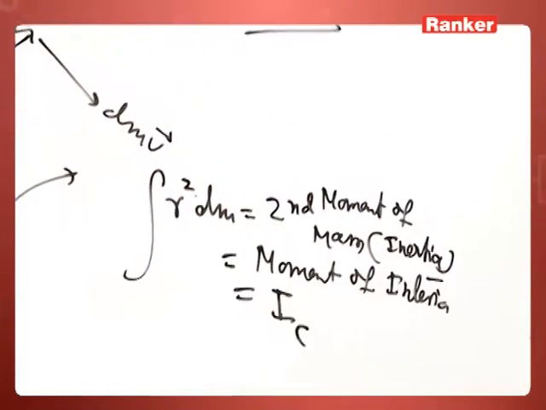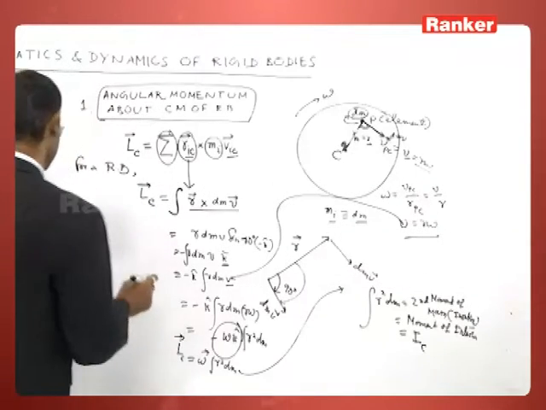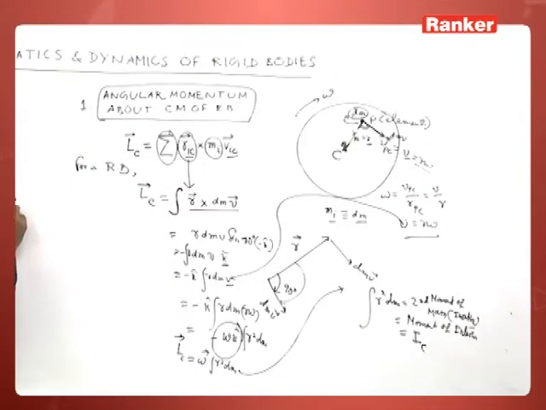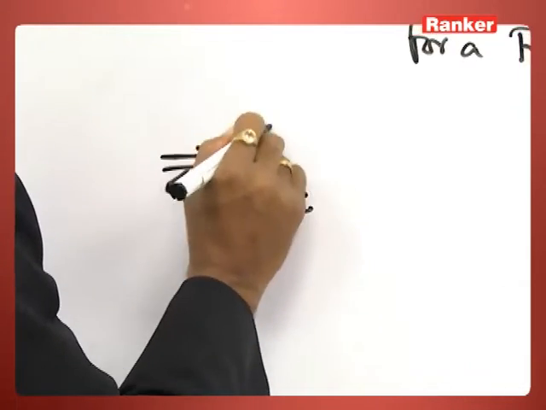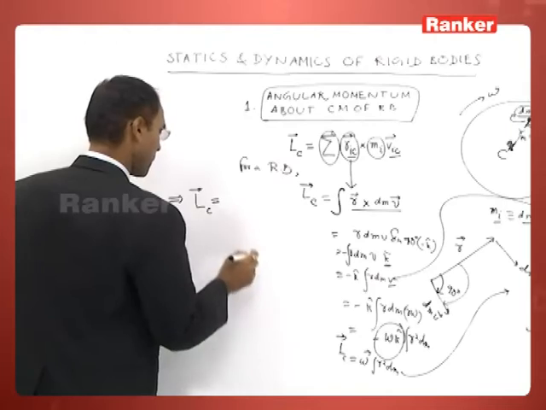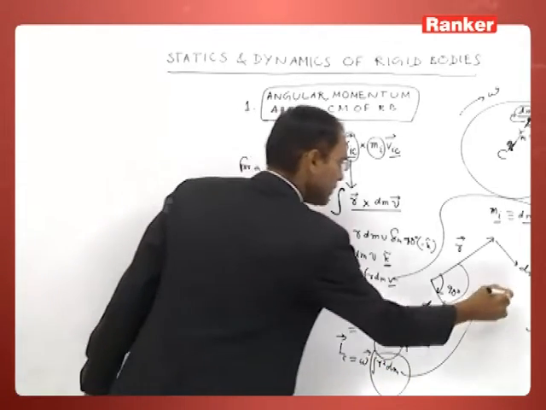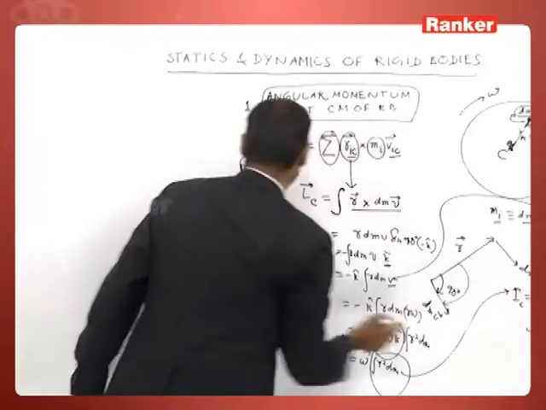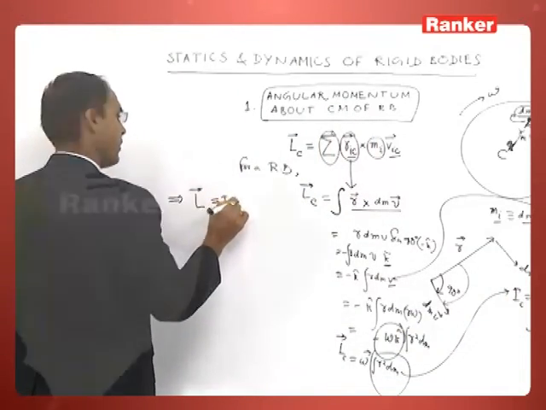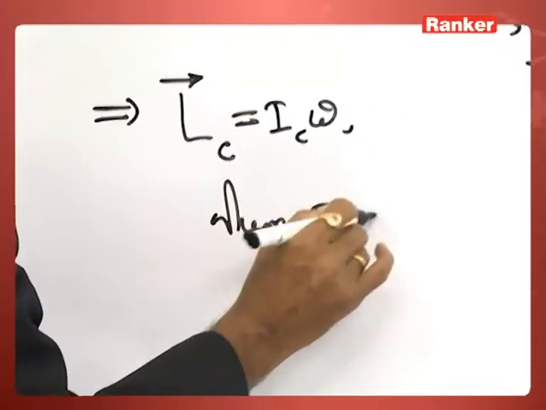About the centroidal axis, or the axis passing through the center of mass of the system. Therefore, angular momentum about this center of mass axis is equal to, this can be written as Ic into omega.